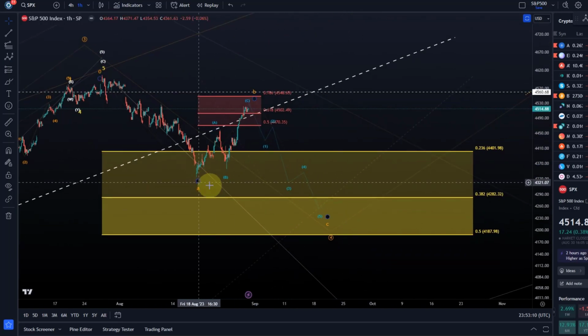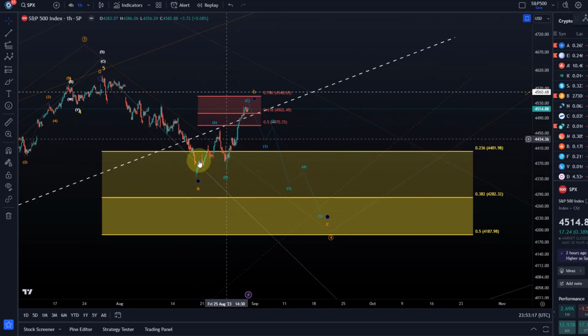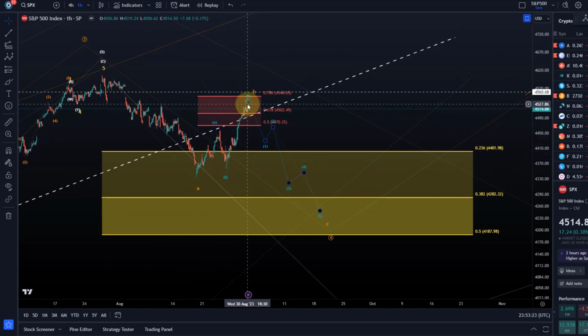The yellow support area is, as you know, support. It already worked out here as a trend reversal area. Price came into support, reversed once and again, so twice, two reactions to our support area.